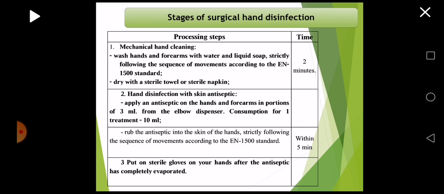Rub the antiseptic into the skin of the hands, strictly following the sequence of movements according to the EN-1500 standard. And this second step needs 5 minutes. Okay, third, put on sterile gloves after the antiseptic has completely evaporated.